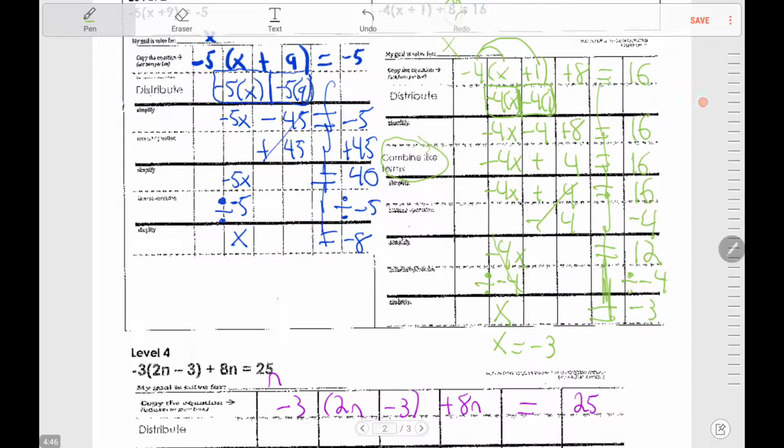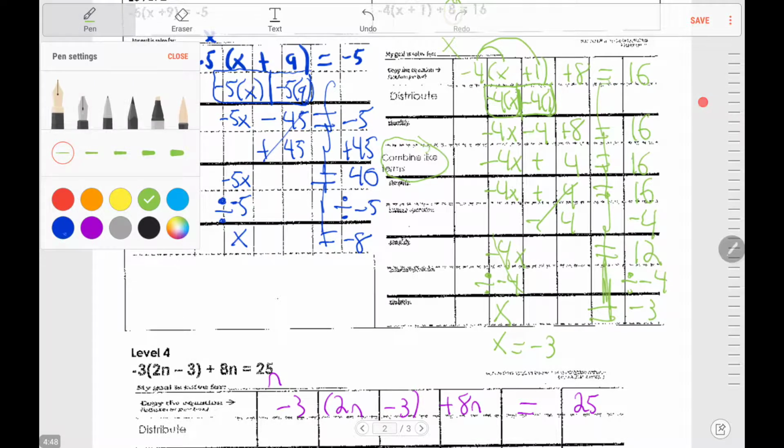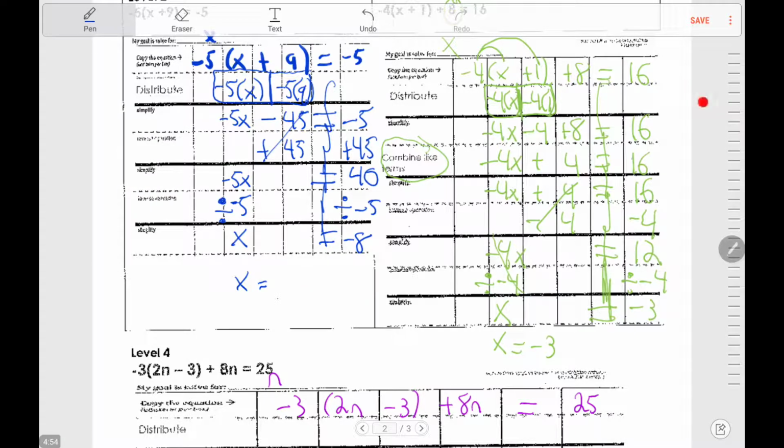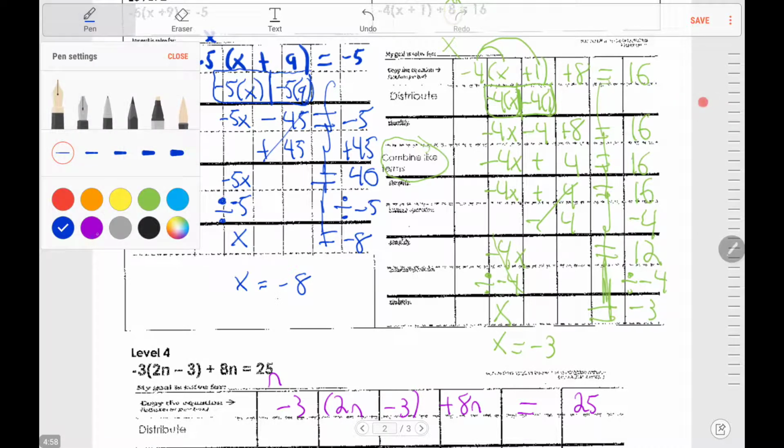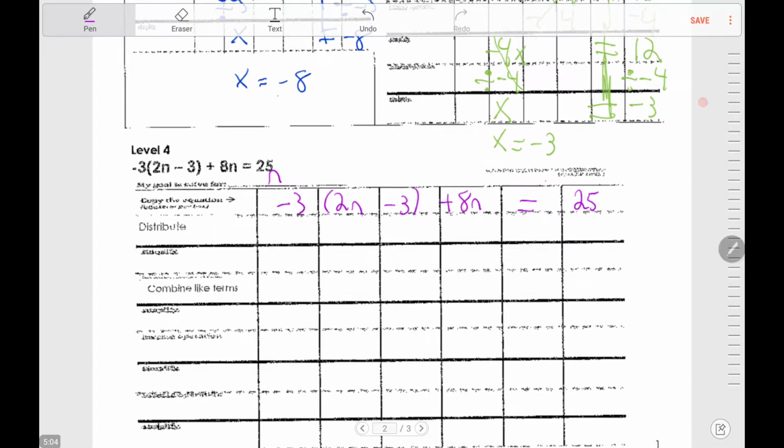Oh, let me even write that one nice for you. X equals -3. Okay, the last one is actually quite similar to the previous one.